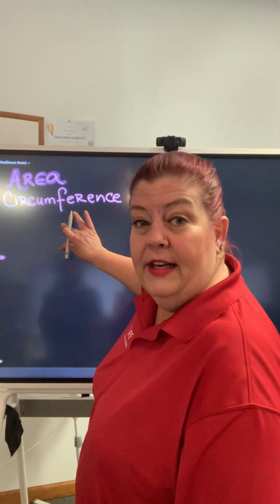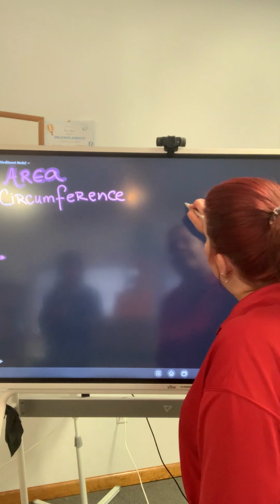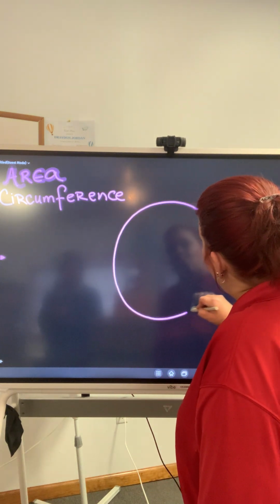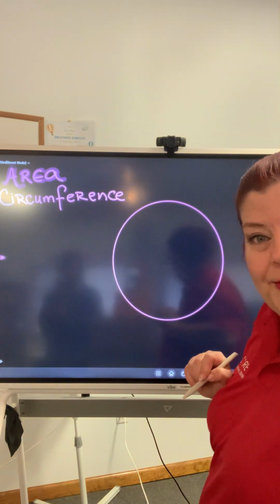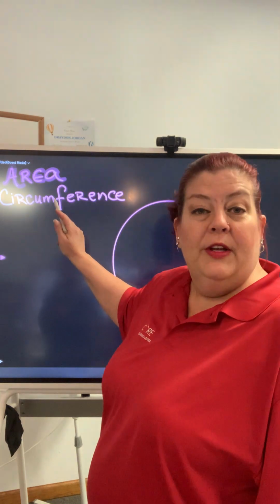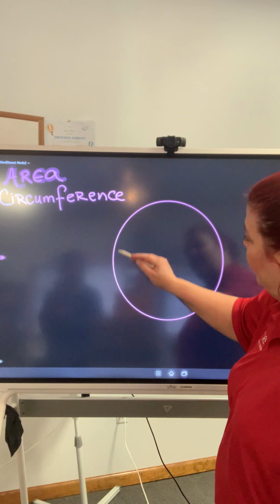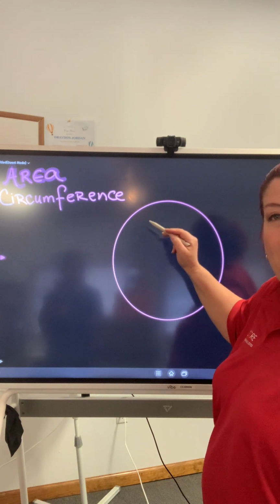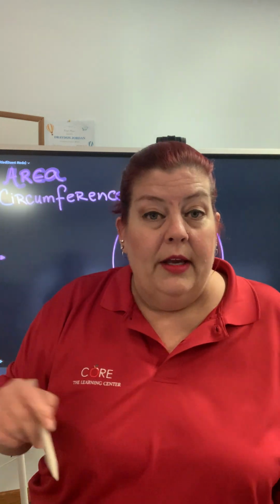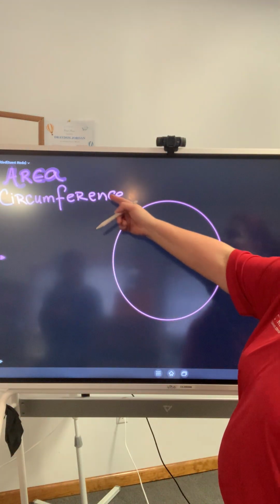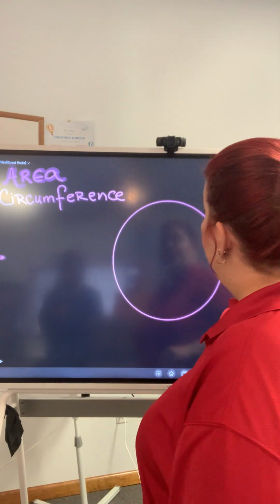Let's start with defining what we're looking for. We have a circle, and our circumference is the outline of that circle. It's sort of like in a square, the perimeter is just the outline. Same for the circle, except instead of perimeter, it's called circumference.